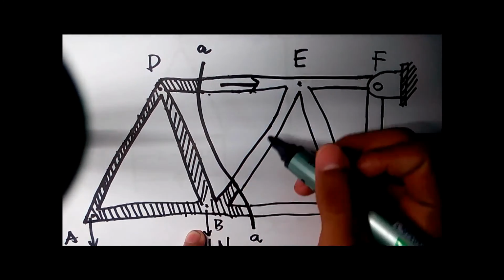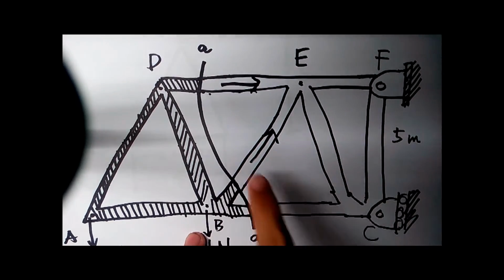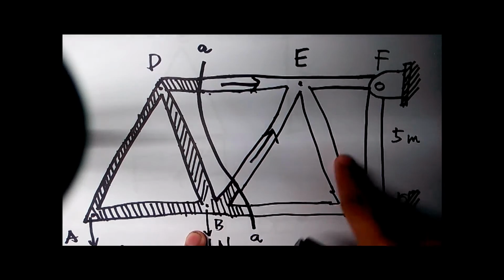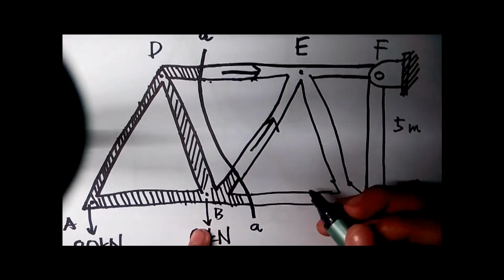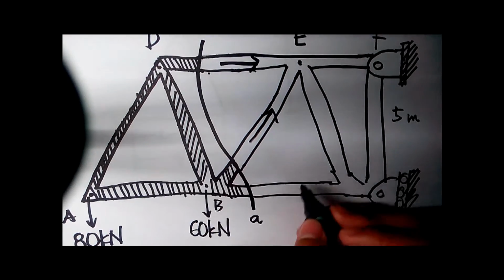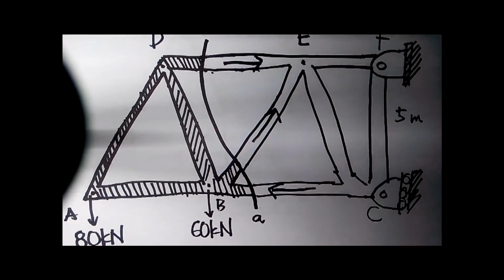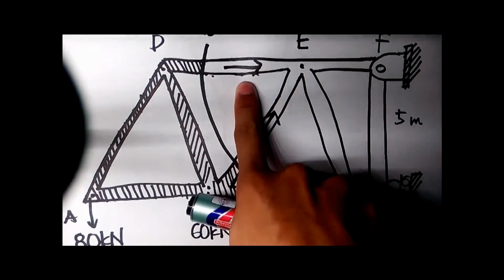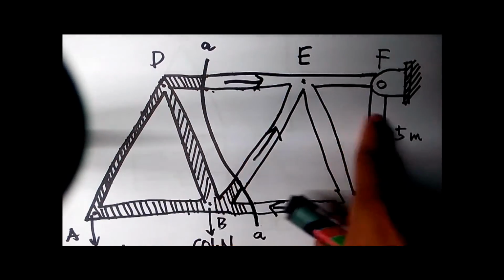This also needs the force to be there to maintain equilibrium. And here at BC, the force must be in this direction to counter the force in DE or DF.